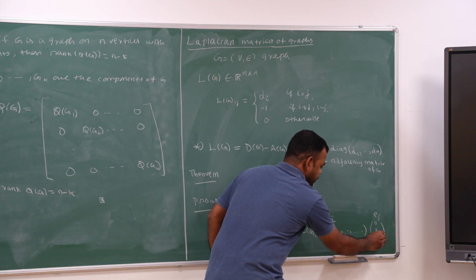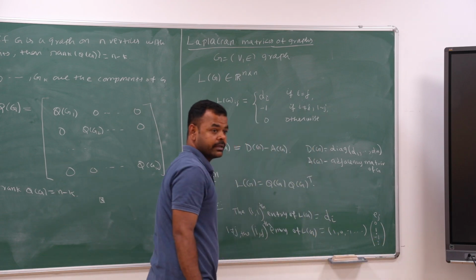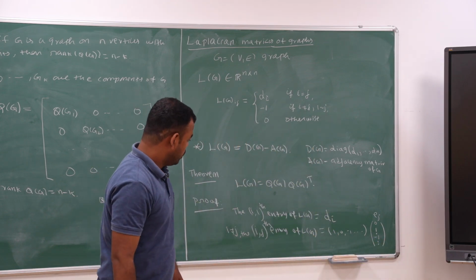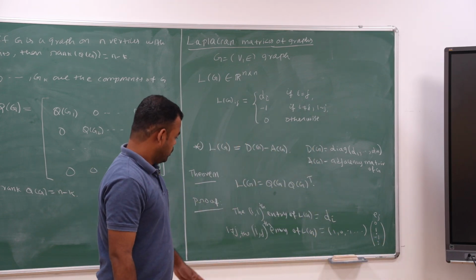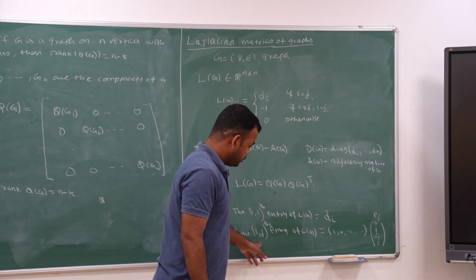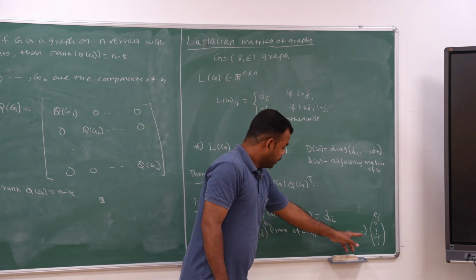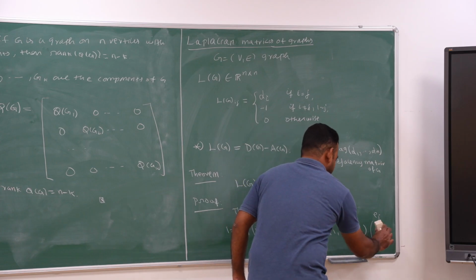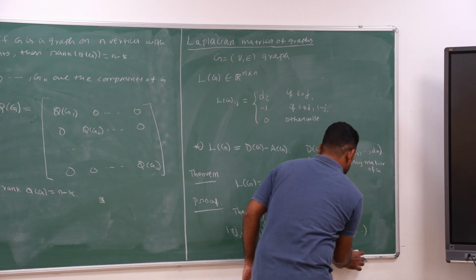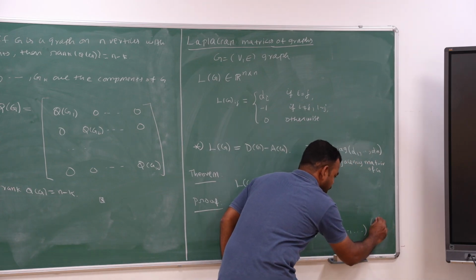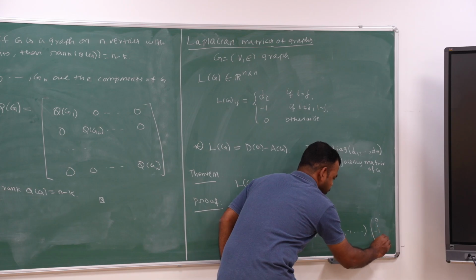The rest of the entries are 0. Actually, the columns of Q transpose are rows of Q, some other row, consisting of 0, 1, minus 1, zeros and so on.